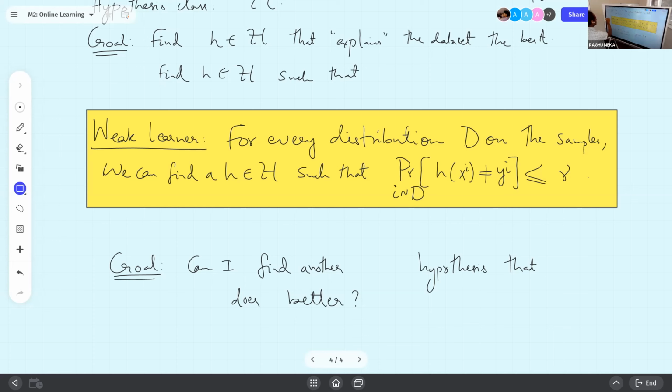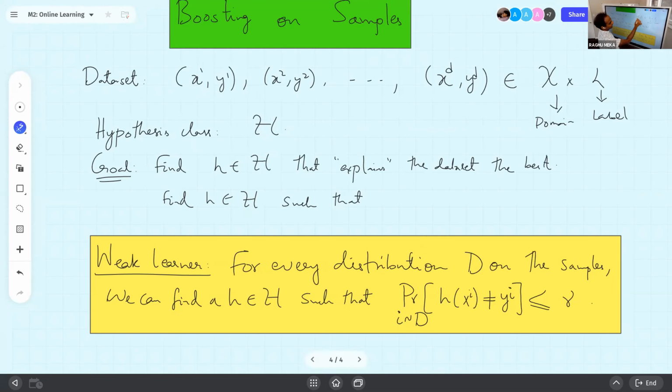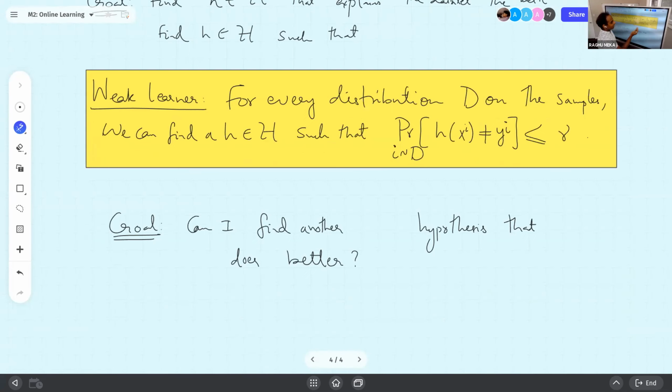And just to make things clear, when I say distribution on samples, the samples are just x1 through xd, y1 through yd, so I just have a distribution on indices 1 through d. I can change the distribution on these d examples, and even then I can find a hypothesis which gets me 51% accuracy. That's my weak learner assumption.